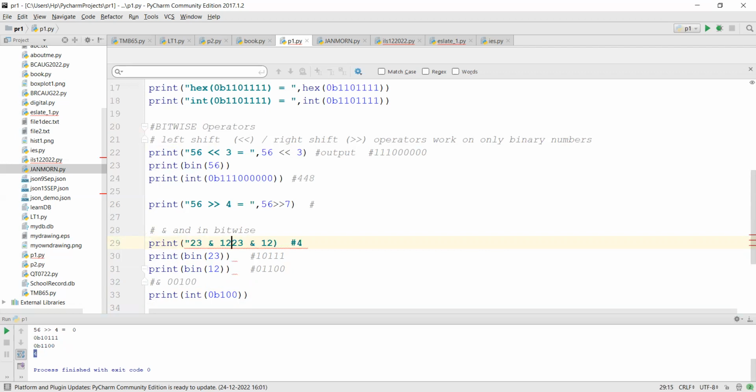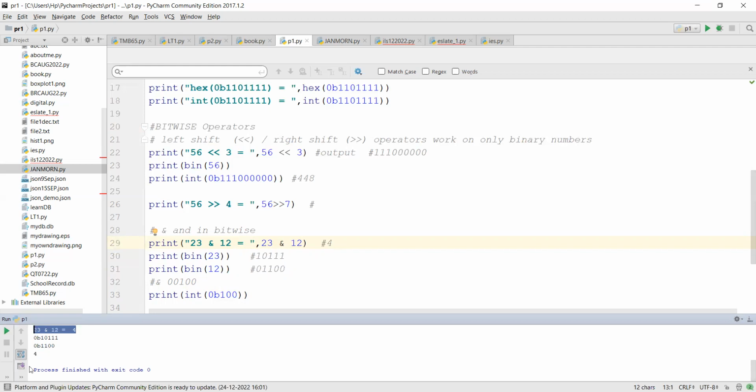Let's see. We put it here and then we'll see. So 23 and 12 is 4 because each number is converted into binary and AND is performed on each bit. Okay, and you get binary and that binary outcome is converted into integer.